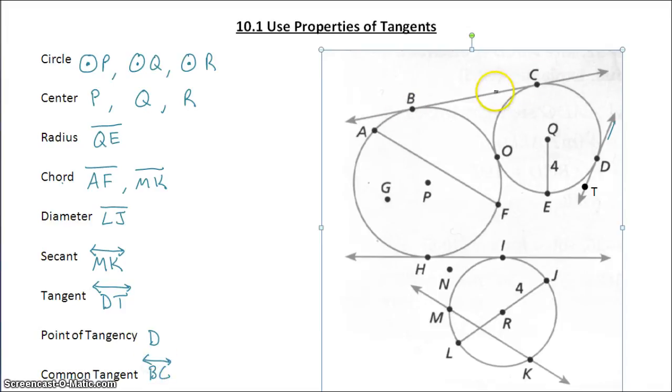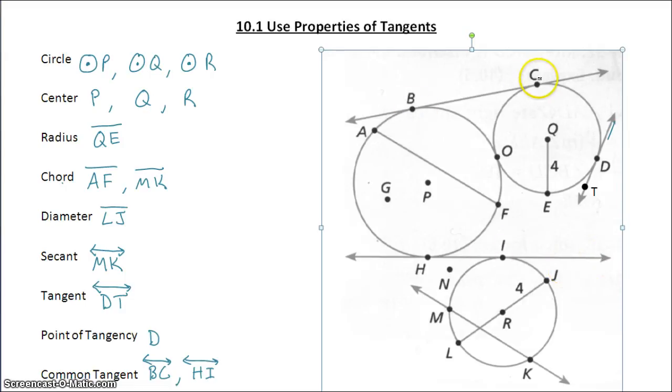And this common tangent is on the outside of both of those circles. So this is a common external tangent. HI is also a tangent. It touches 2 circles at 1 point, but this time it's between the 2 circles. So HI is an internal tangent.